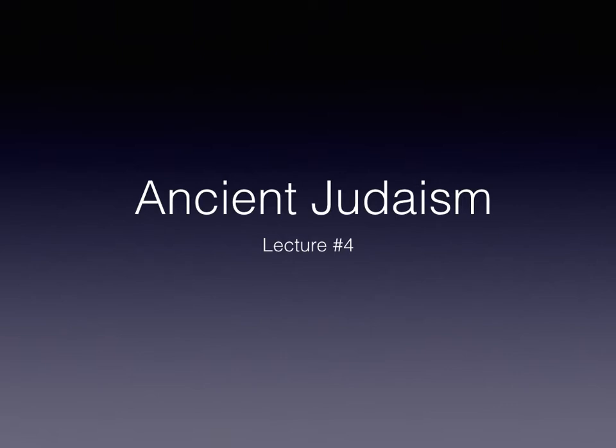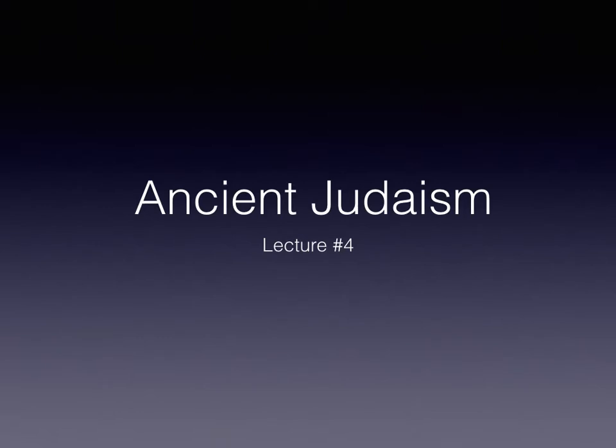You have certain groups, and some of these appear in the New Testament writings, that wanted to fight and preserve the ways of their ancestors. They wanted a pure Judaism that goes back to the good old days, and they're willing to fight for that. Or they're willing to ghettoize and say, we're not going to be part of the larger world. We're going to go do our own thing.